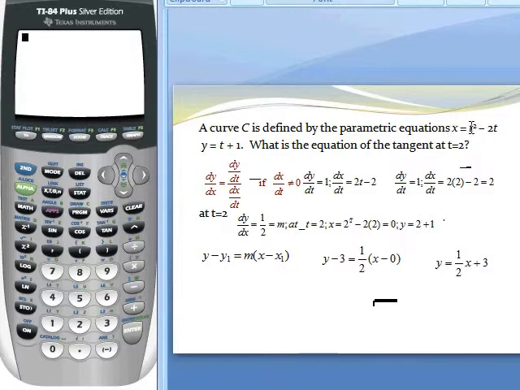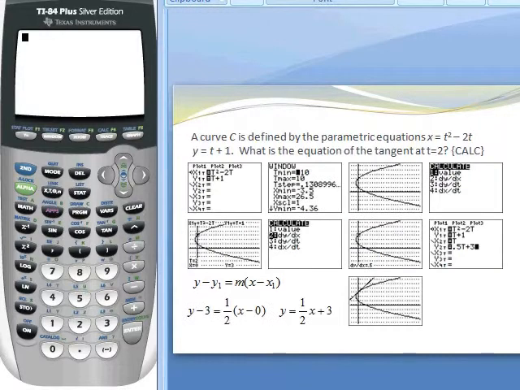Just put it in here: 2 squared minus 2 times 2, that gives me 0. So my x1 is 0. And for y, 2 plus 1 is 3, so I put 3 in here. My equation of the tangent is y minus 3 equals 1/2 times the quantity x minus 0. Move that 3 over, so you have y equals 1/2 x plus 3. So when I do it by hand, I get that equation for the tangent.